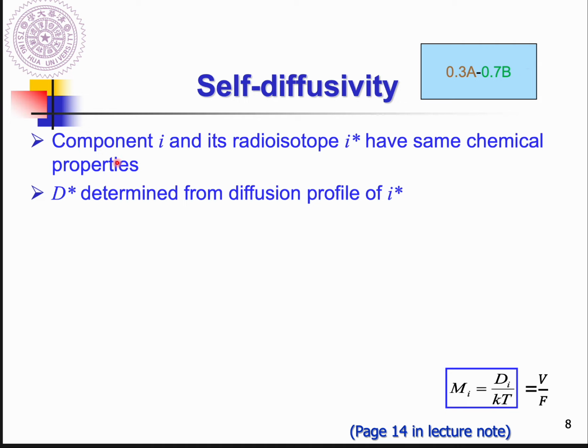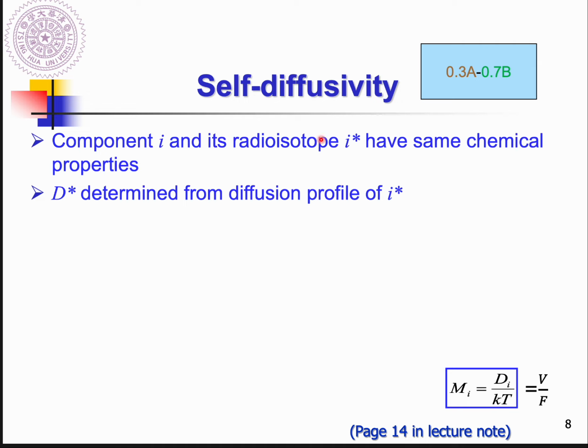The way here is that you can use a radioisotope to implant into this material, or to substitute some component I, and we can monitor the diffusion profile of this radioisotope I star. Then we can estimate the self-diffusivity.